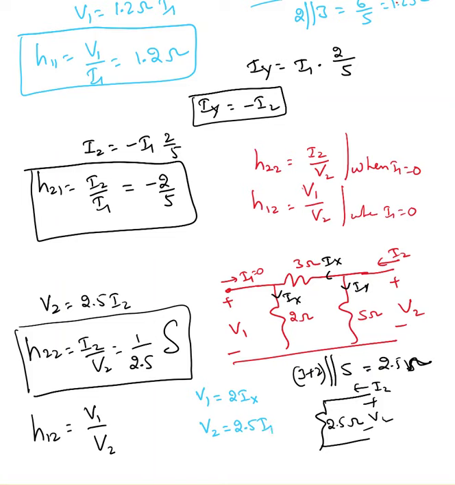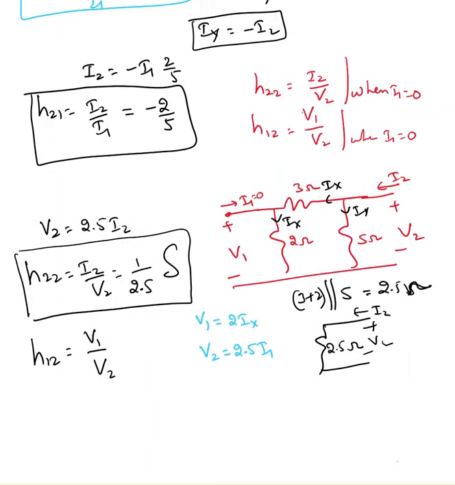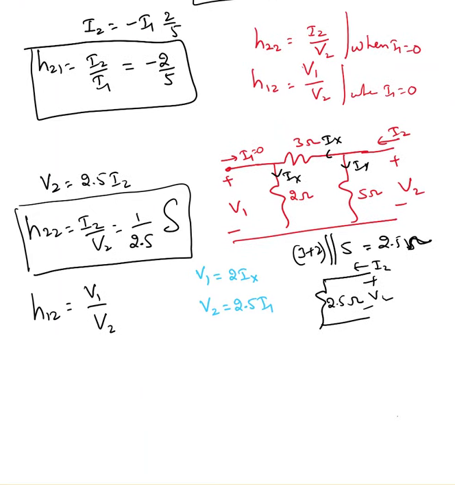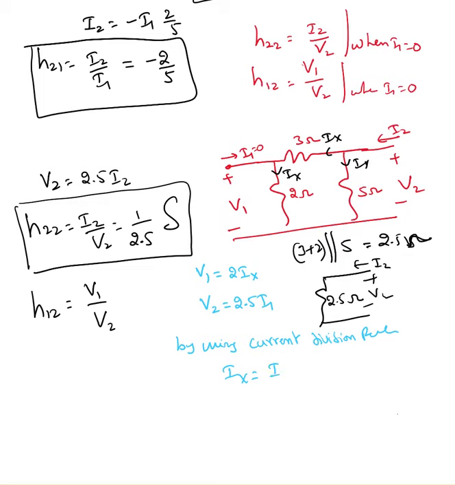Now I need a relation between Ix and i1 so that I can cancel them. Based on this circuit, I can use the current division rule. By using the current division rule, Ix equals total current i2 multiplied by opposite over total, 5 plus 5, so Ix is nothing but i2 over 2.